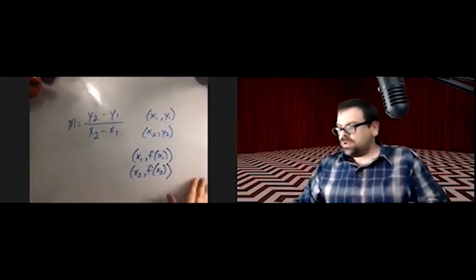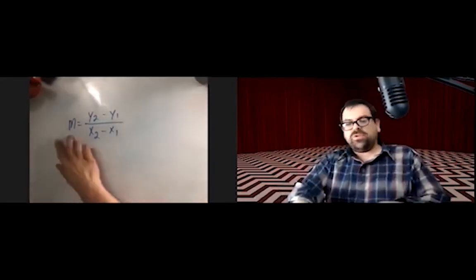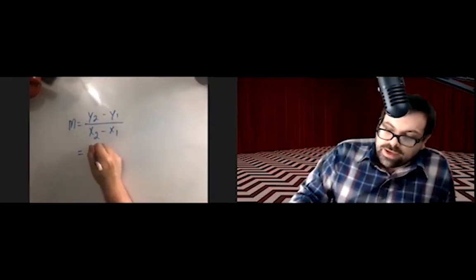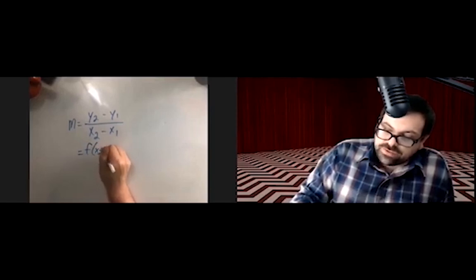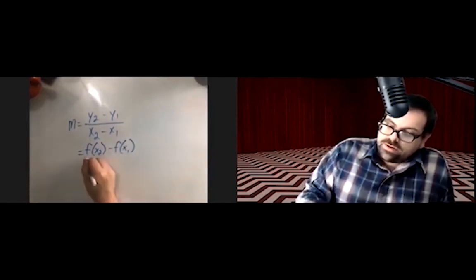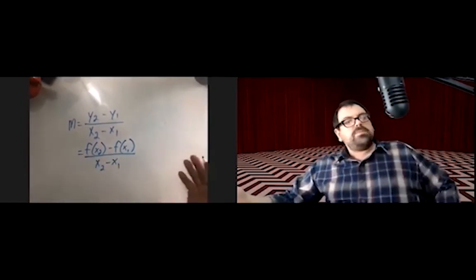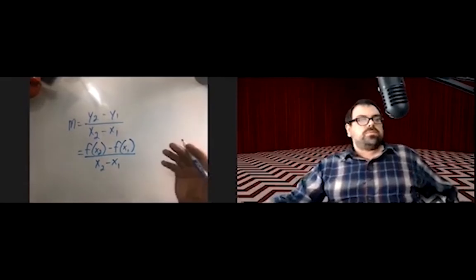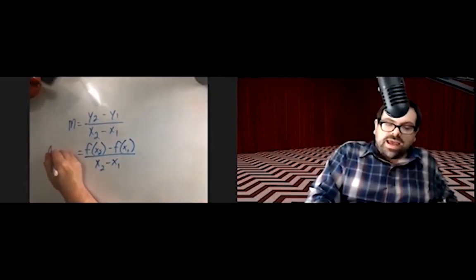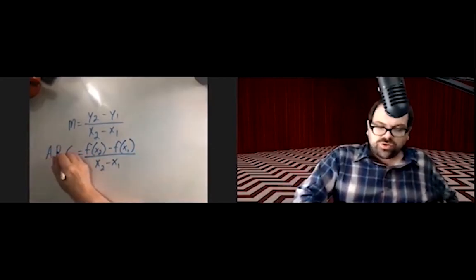So another way of looking at the slope formula is f of x2 minus f of x1 over x2 minus x1, but it's still the slope. And we're going to call this the average rate of change.